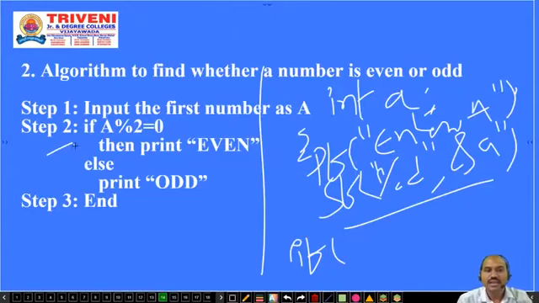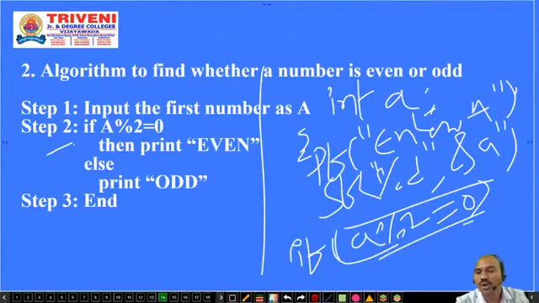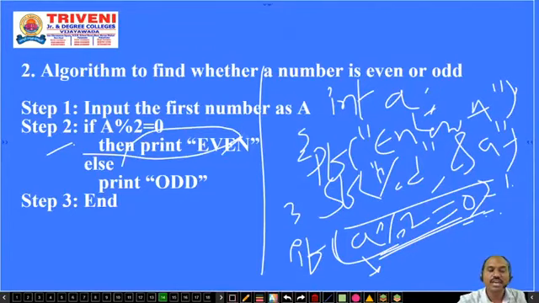That is, if a modulus 2 equals 0. If the value you take is 3, the calculation gives a remainder of 1. So it does not execute the even statement. Next it goes to the odd statement, so 3 is an odd number.